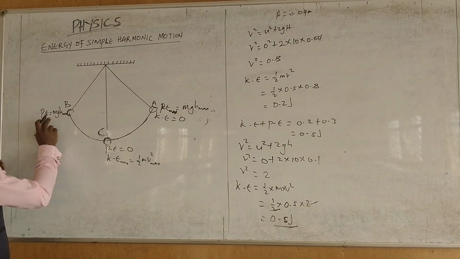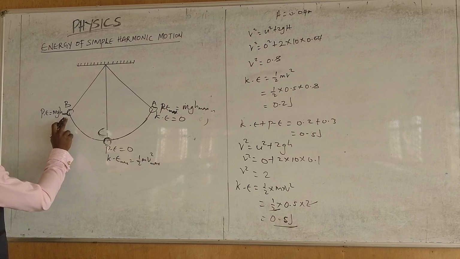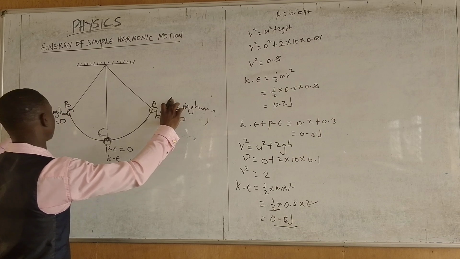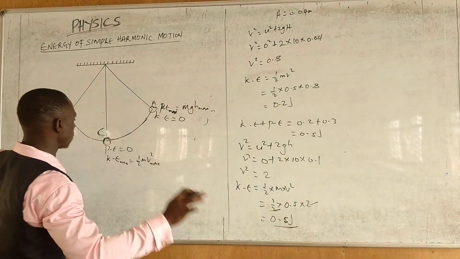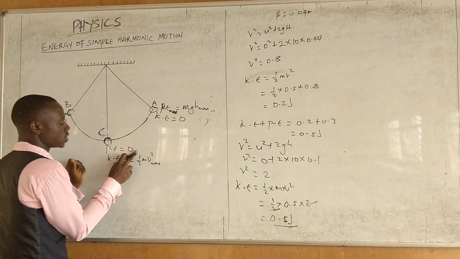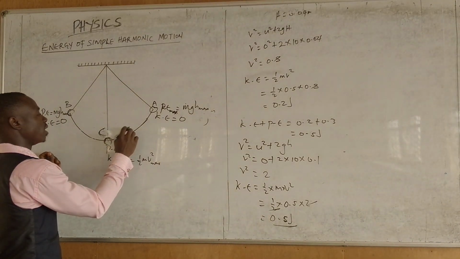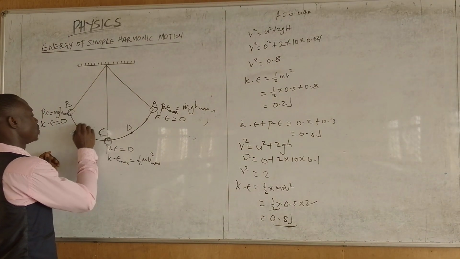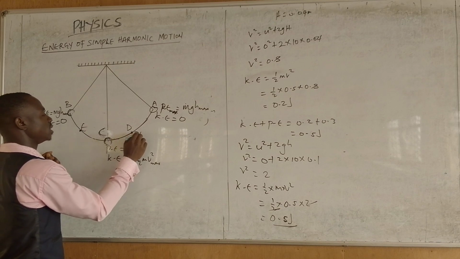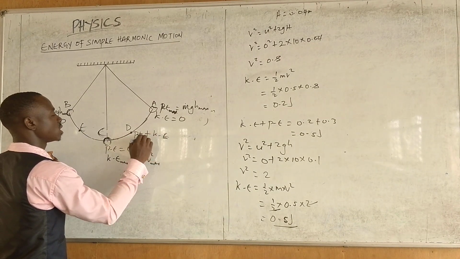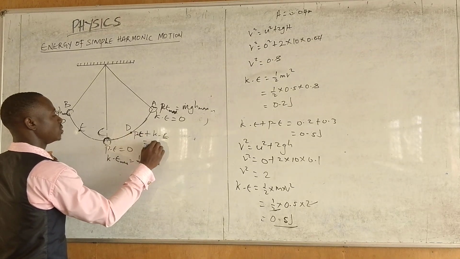Then here too, we have PE max, mgh. Then KE at point B is 0. So at the extreme ends, KE will be 0, PE will be maximum. At the center, PE will be 0 and KE will be maximum. Then at every other point, let me say point D, let me say point E, we have both PE plus KE, which will now be equal to mgh.